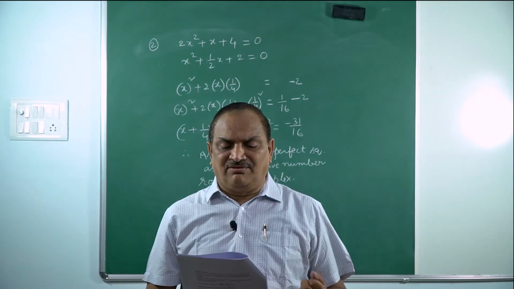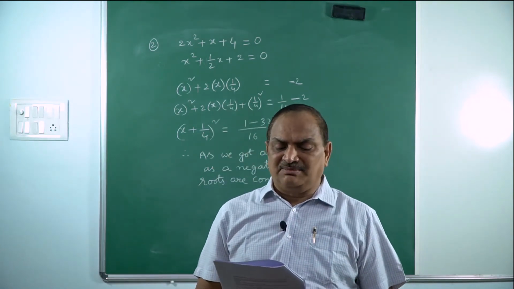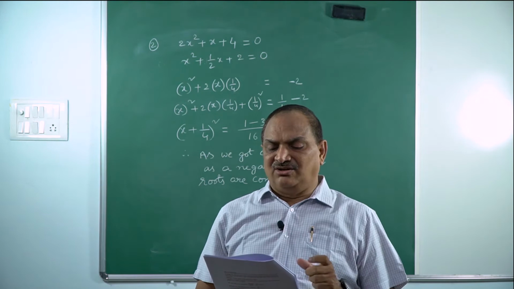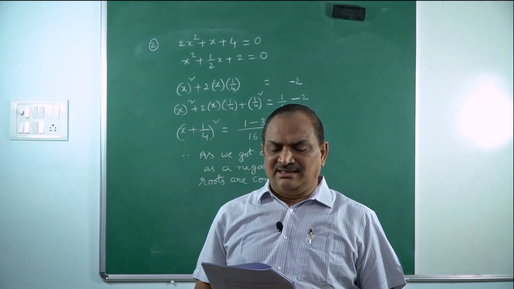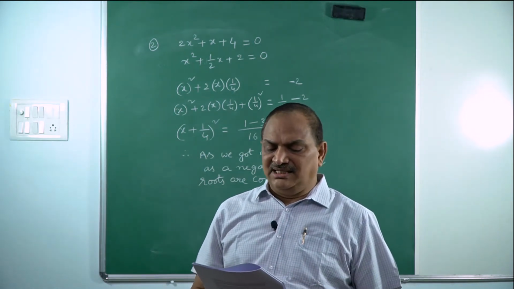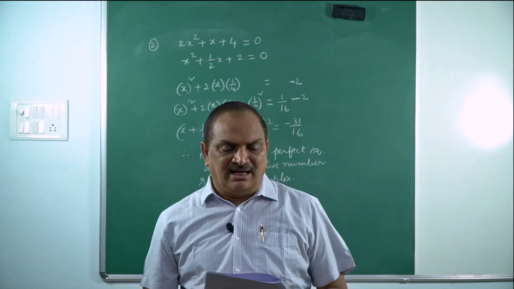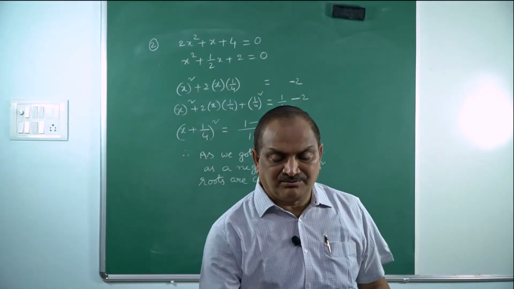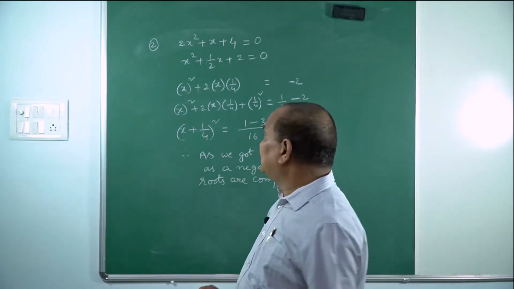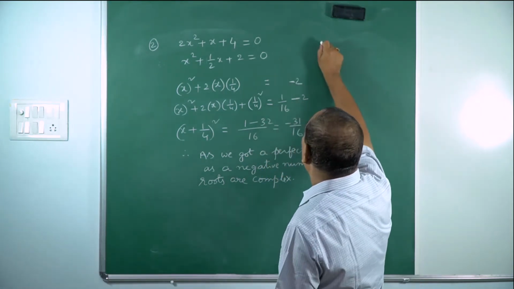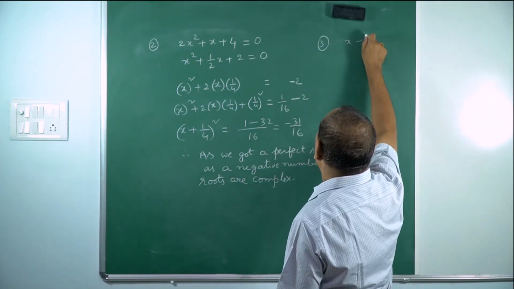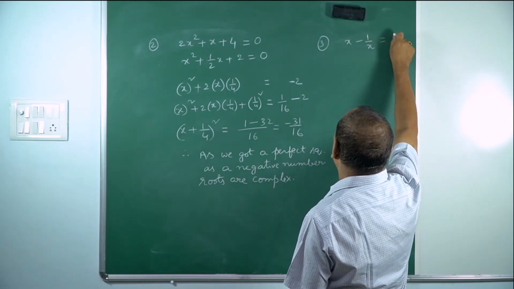Find the roots of the following equations. You are given x minus 1 by x is equal to 3. Let me solve it. x minus 1 by x is equal to 3, and the roots we have to find out. There is no method mentioned here, so we can follow any method. x minus 1 by x must be equal to 3.